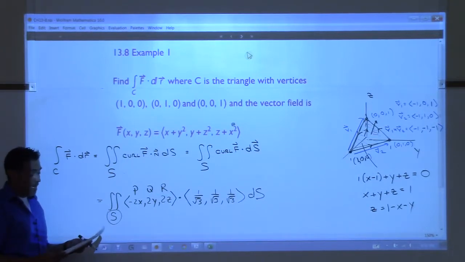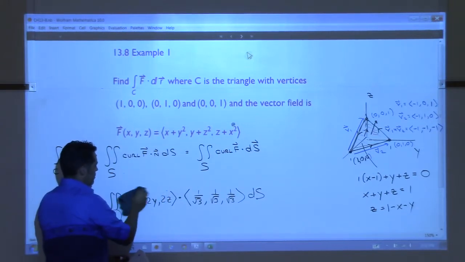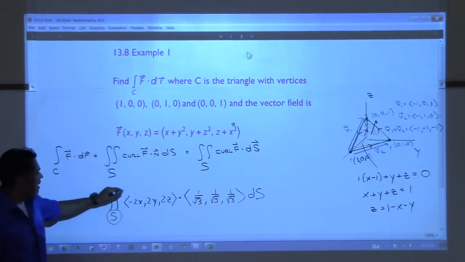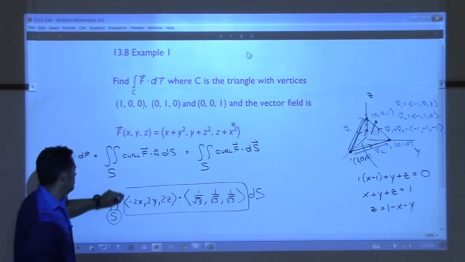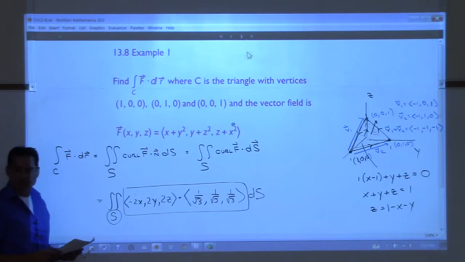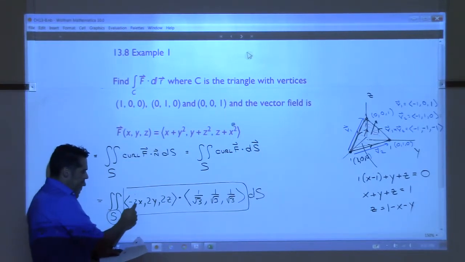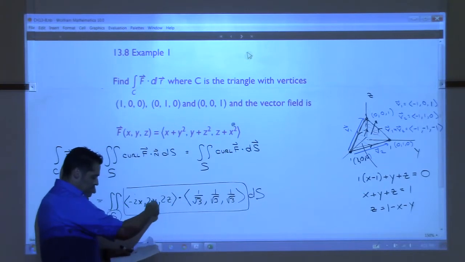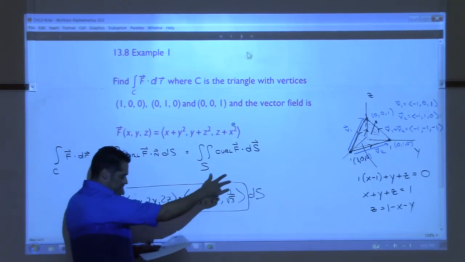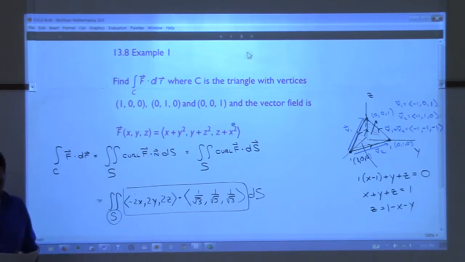What about formula B? Look at formula B. Let me erase this real quick. If I dot those together right now, am I going to get a scalar function? That will be a scalar function, won't it? And look at B. It's the double integral over S of a function of x, y, z, which I would get when I dot those, and then the square root of the partial of g with respect to x squared plus partial of g with respect to y squared plus 1, right?